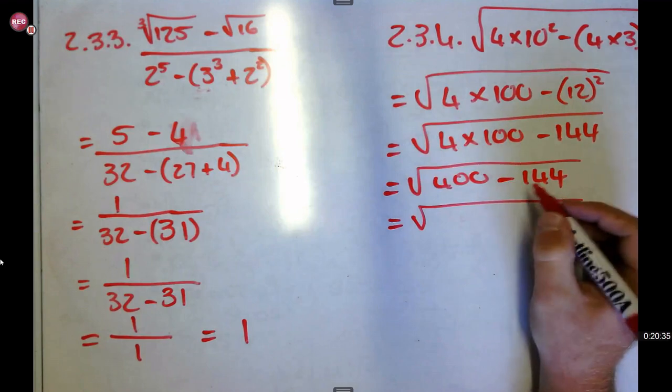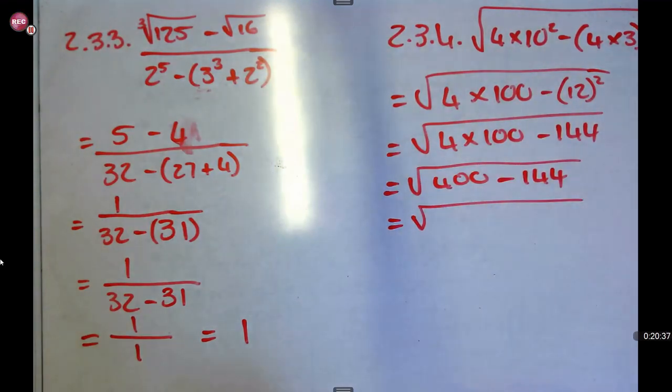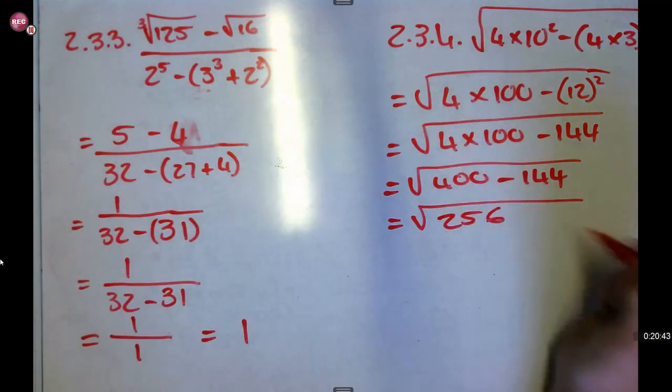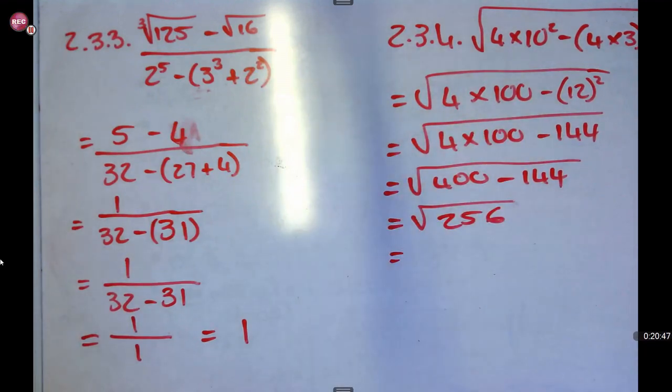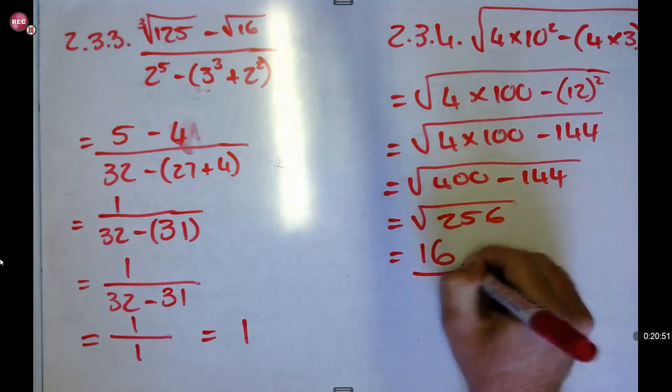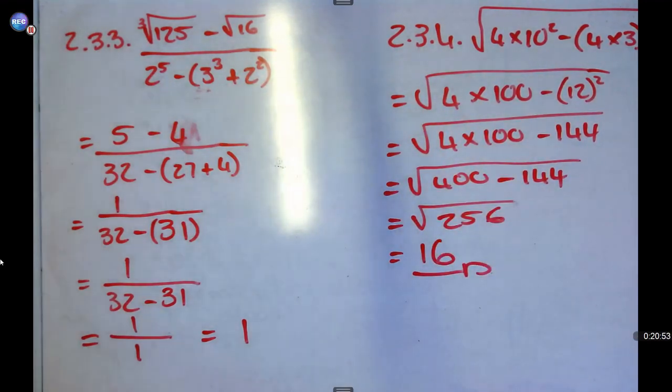So that will give me the square root of, remember you need to say 400 minus that, will give you 256. And then if you take 256 and you square root it, your answer should be 16 in this case. And there's your final answer for that question.